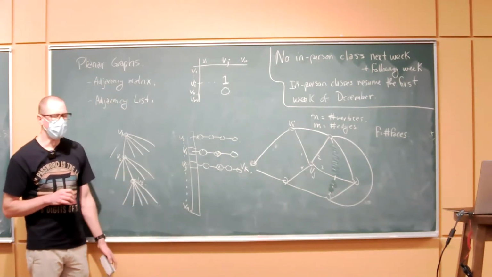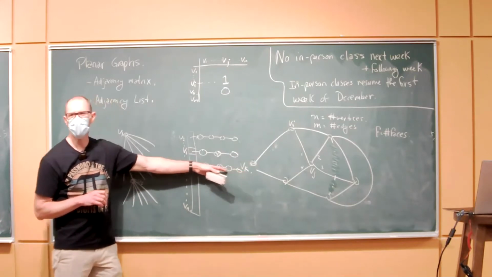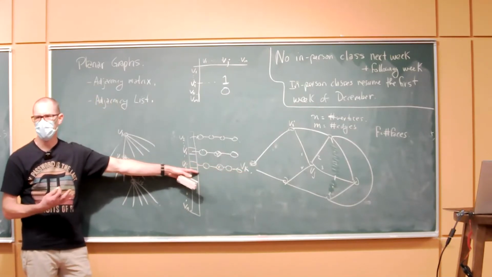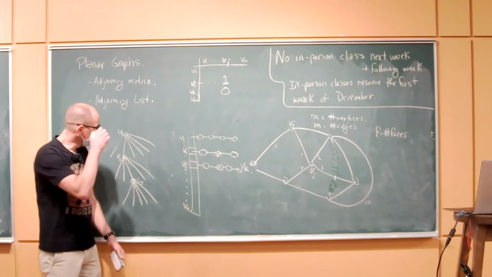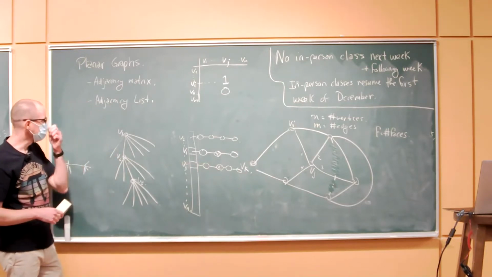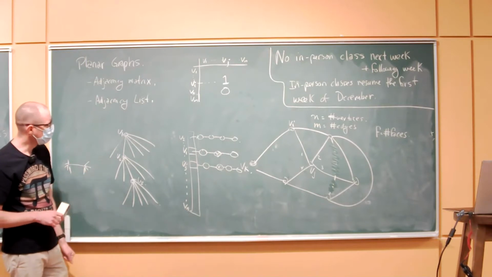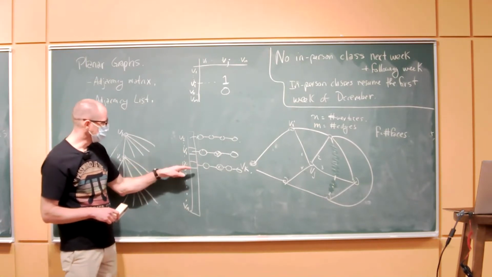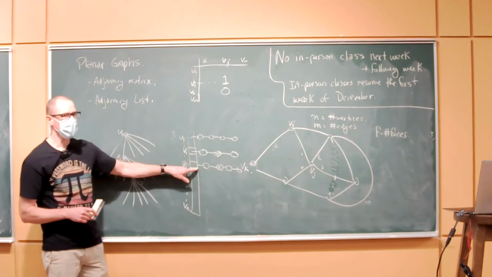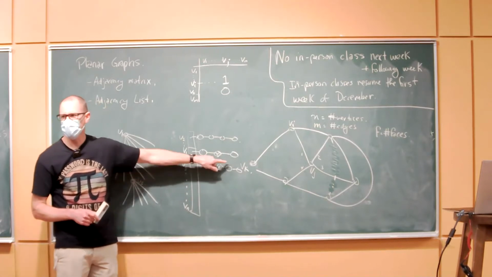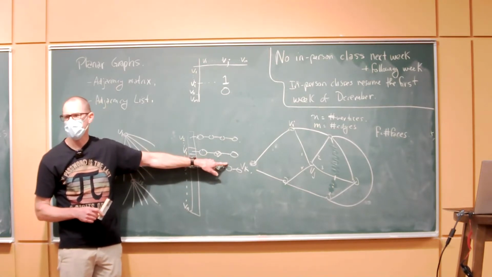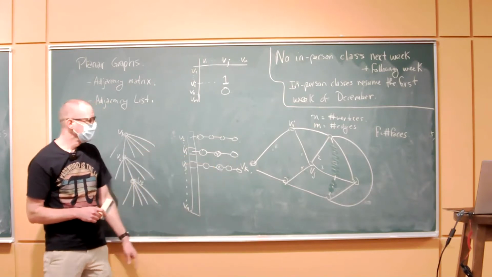Yeah. So if this adjacency list here, if I replace it by a hash table, then I can certainly do adjacency testing in constant time, right? If I want to know if Vi and Vj are adjacent, I go to Vj's adjacency hash table and see if Vi is in that hash table. That takes constant time.